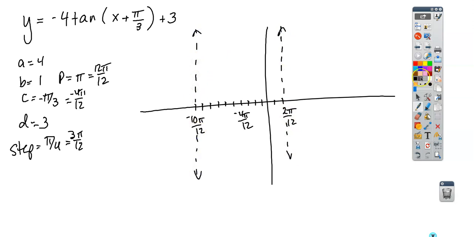Okay, y-axis, I went up 3, so I'm going to go up to 3, label that. And then my critical high is going to be 4, my amplitude up from that, 1, 2, 3, 4, 7, and down 4, -1. Okay, that phase shift should be your perfect equilibrium of 3. If it's a negative tan, then your graph is just going to be reflected over the x-axis.